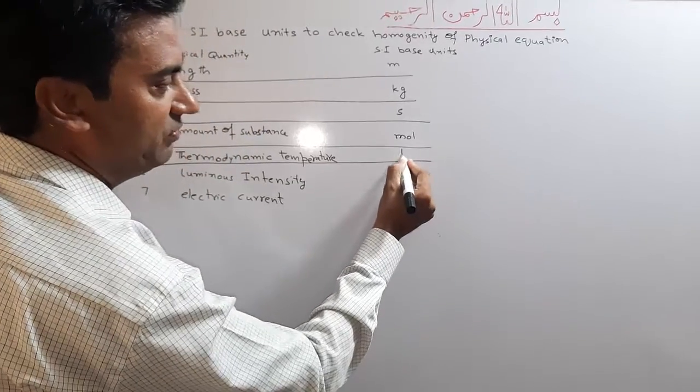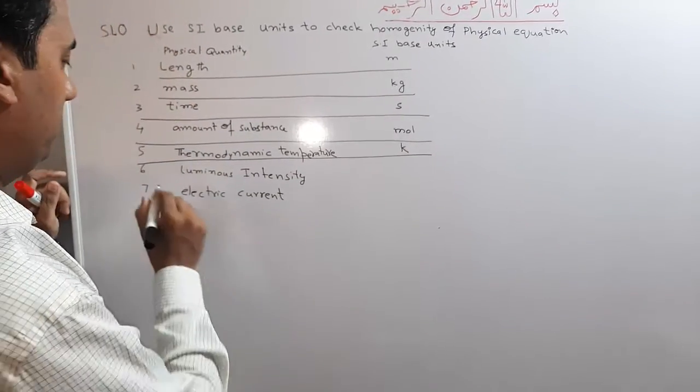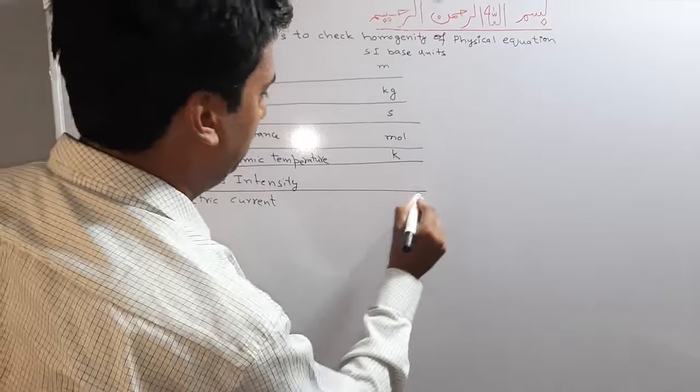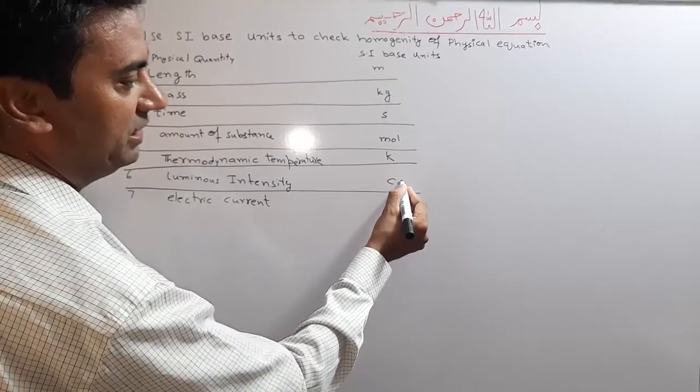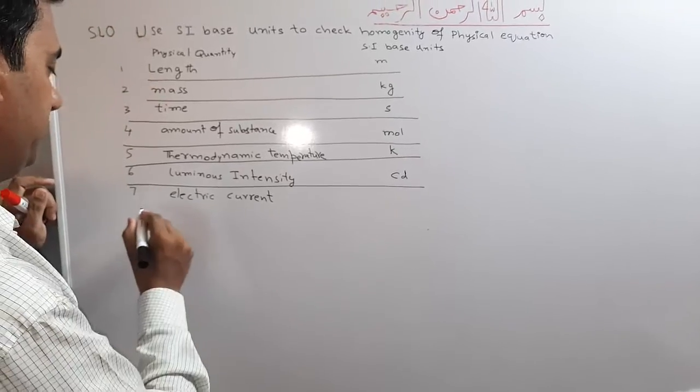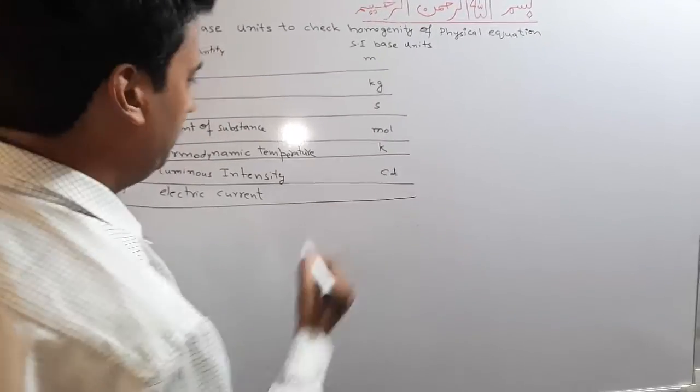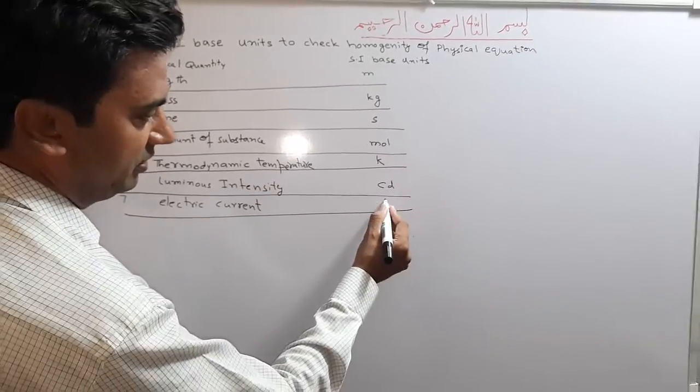Thermodynamic temperature is measured in kelvin. Luminous intensity has candela, which we present with cd. Electric current we represent in ampere.